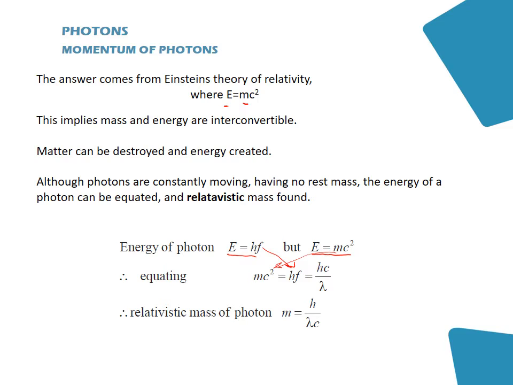Now from our previous slide, we know that frequency is equal to c over lambda, which is what gets plugged in over here instead of frequency. So once we have that, we can cancel out our c's across, and you can see what happens. It gets distributed, and we're left with this at the bottom, a relativistic mass formula. So mass is equal to h, which is Planck's constant, divided by the wavelength of light multiplied by c, the speed of light.